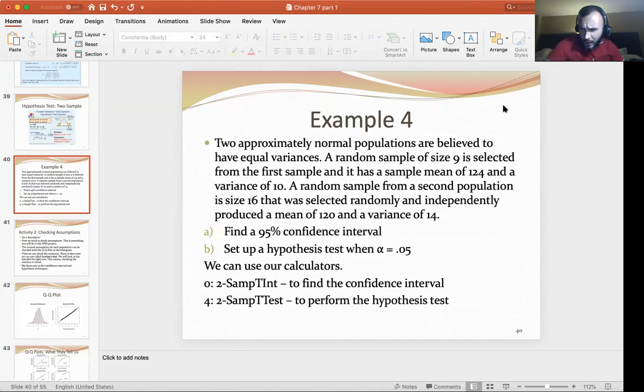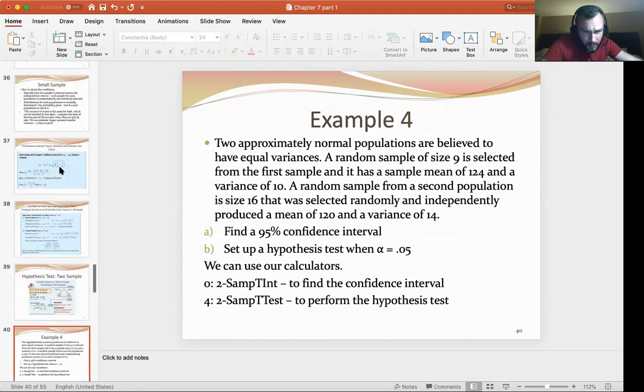Okay, I'm with Shannon. Everybody's confirming. I had said unpooled. Mary said unpooled. Yeah, we'll pool this because they're the same variance.